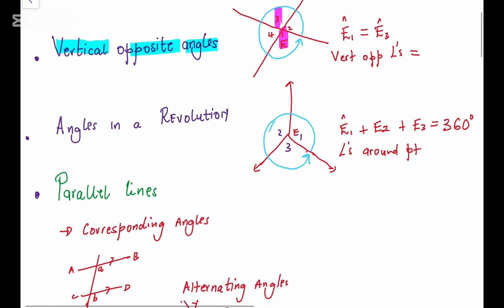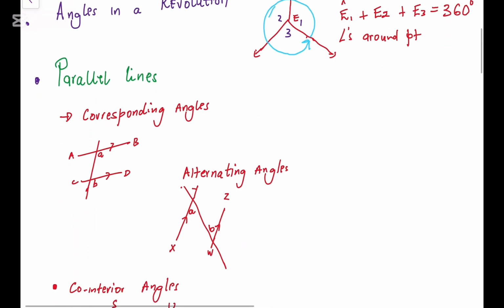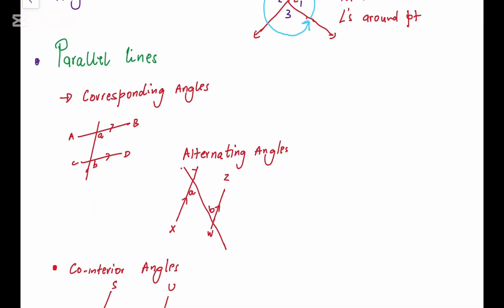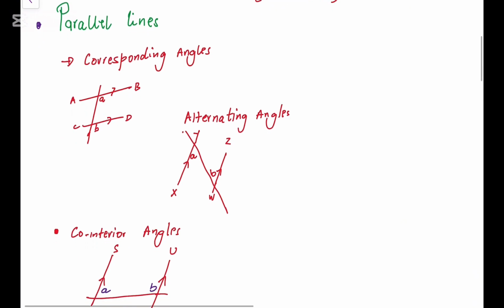Now, let's move to parallel lines. Under parallel lines, we look at that fun part of mathematics. Number one, we have corresponding angles. Corresponding angles are always equal. Here we can see that line AB is parallel to line CD.